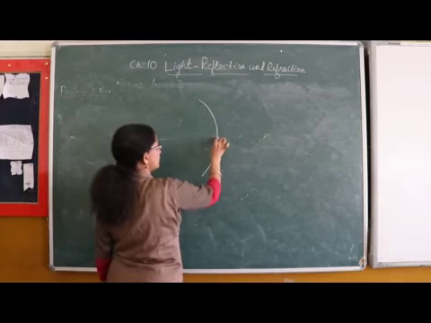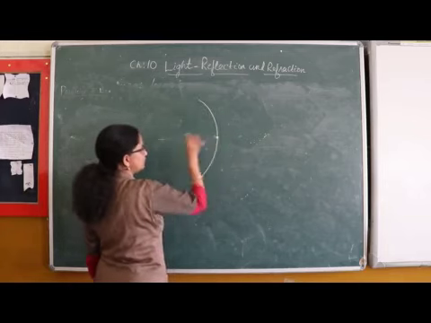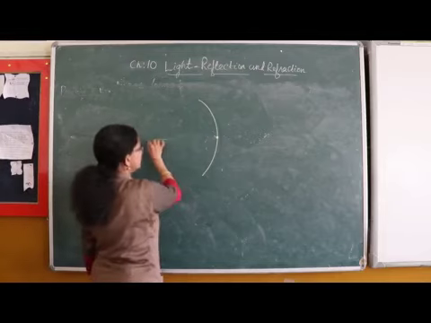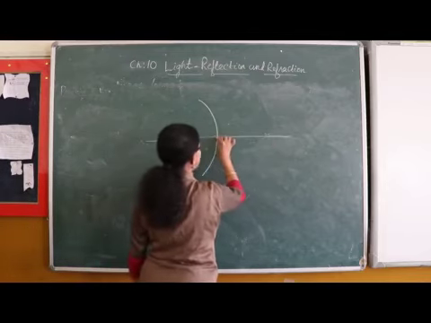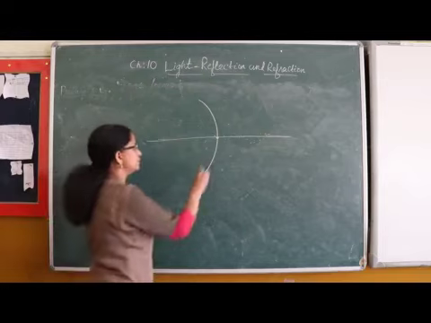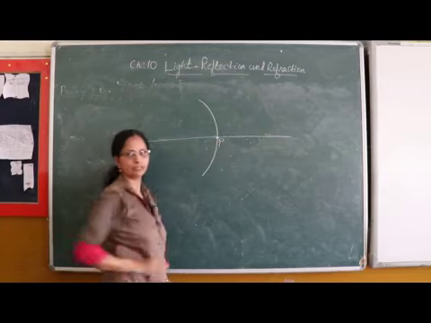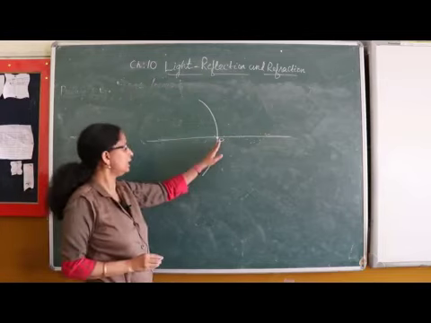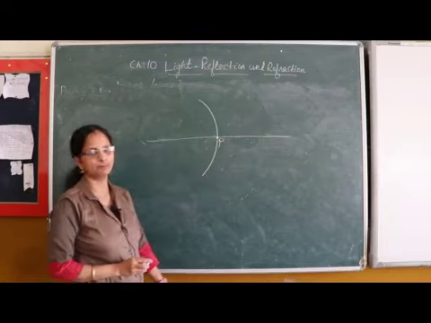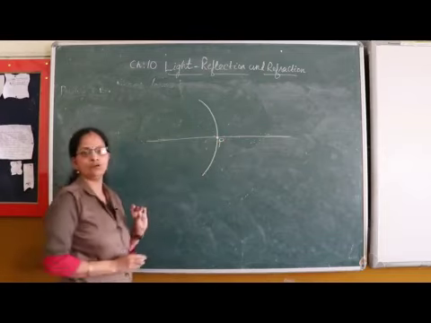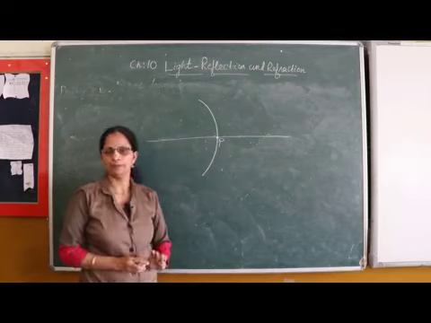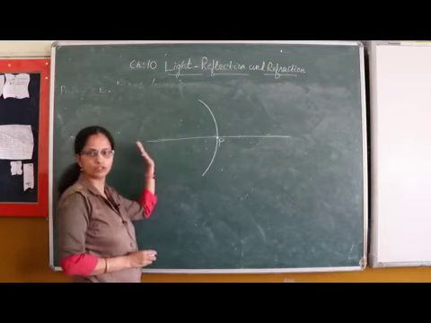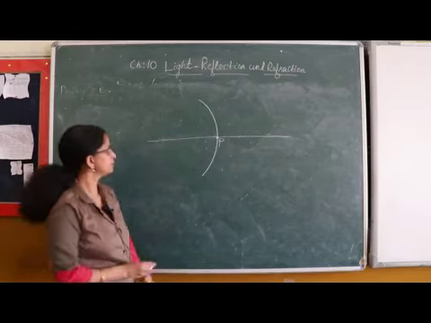In this case, the pole of the mirror, or the center of the mirror, is taken as the origin. Always the pole is taken as the origin. That means all the distances are measured from the pole. And the object is always kept on the left side of the mirror.